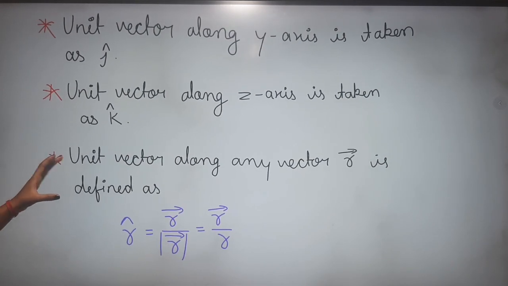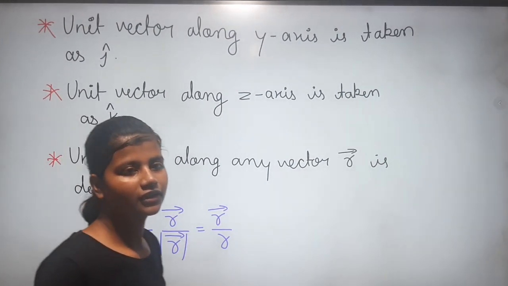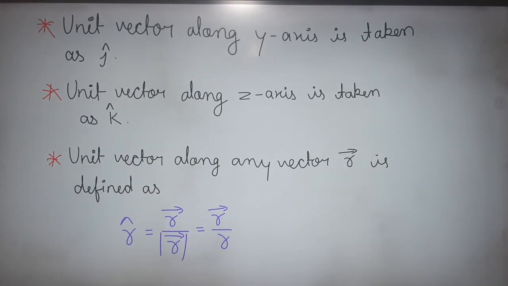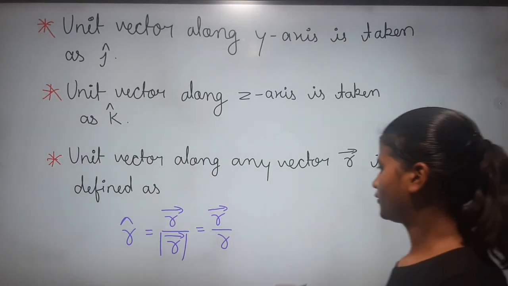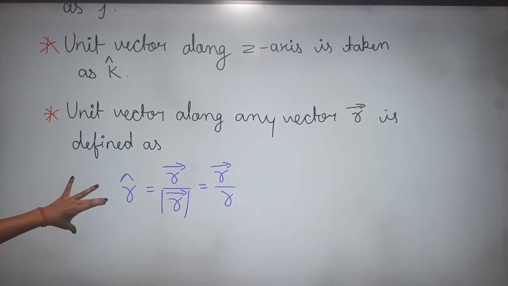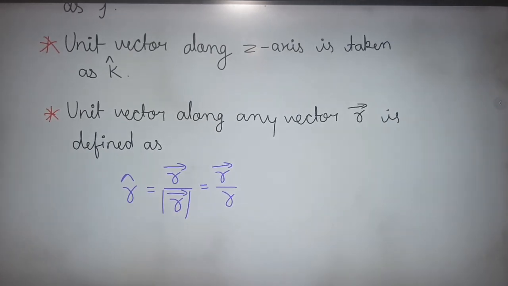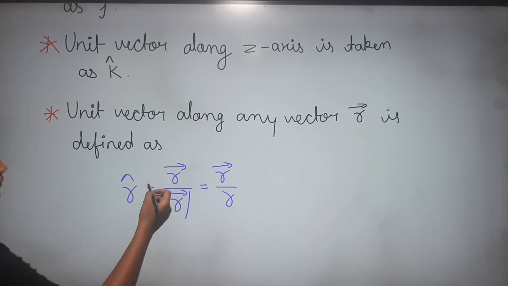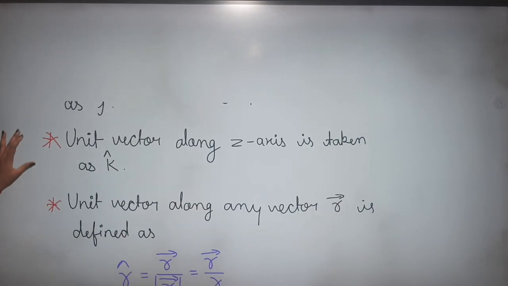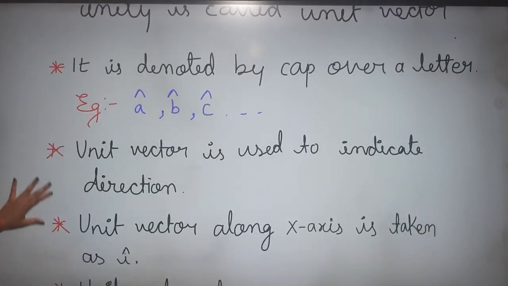Our last point is that the unit vector along any vector, like r vector, is defined as r cap equal to r vector by the magnitude of the vector. I hope you understand this point.